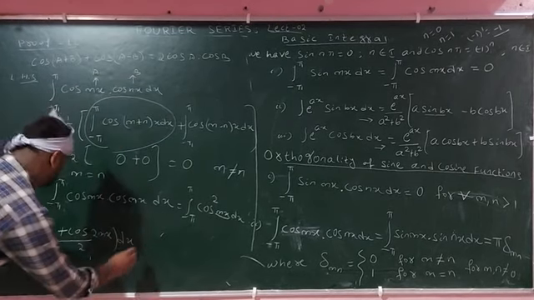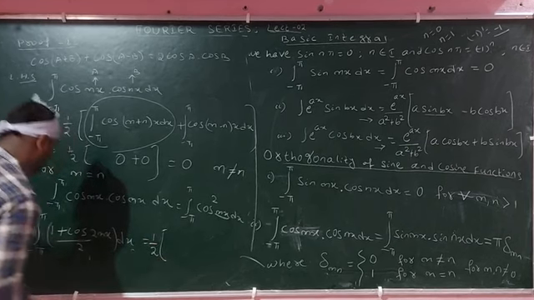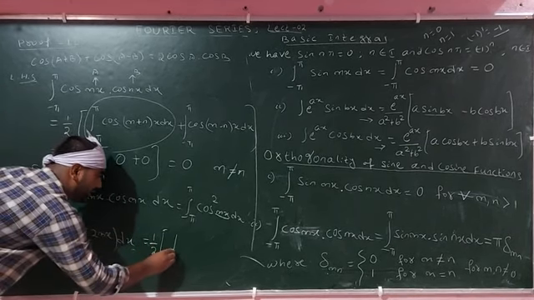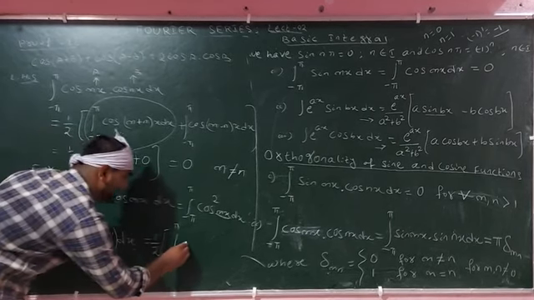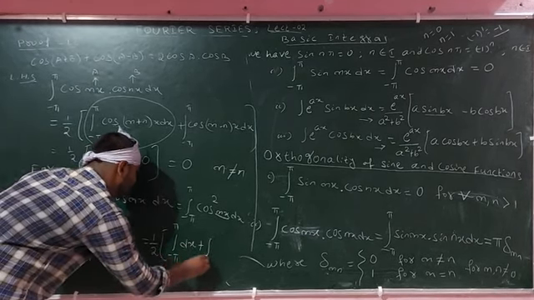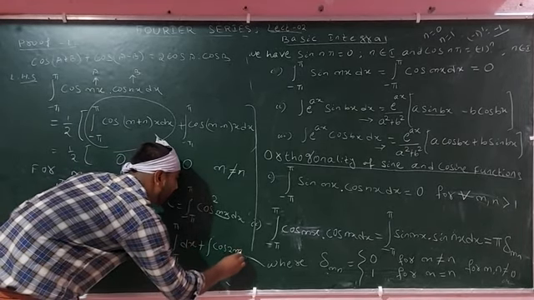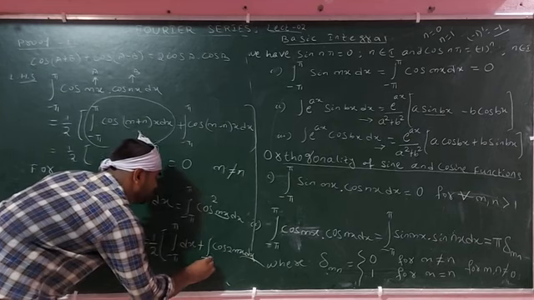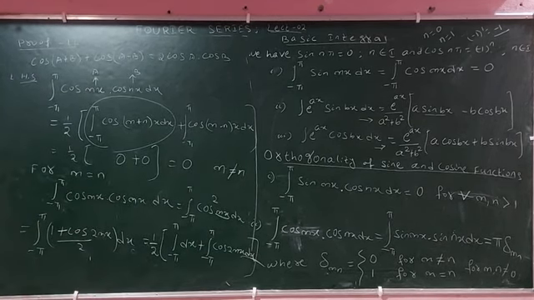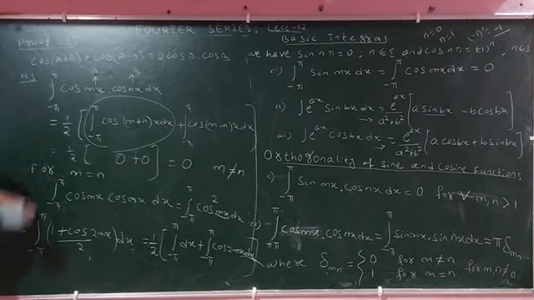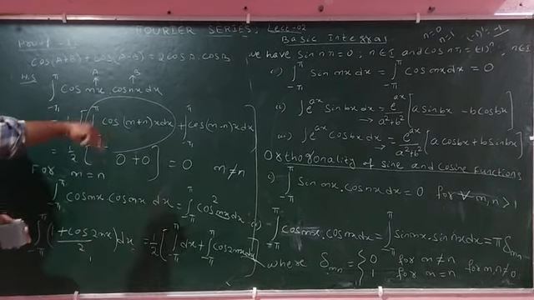Here 1 by 2 is a constant, taking it outside the integration, and we have the integration from minus pi to pi of 1 dx, which is dx, plus the integration of cos 2mx dx from minus pi to pi. You can check it; you can download it or check it from the description box.